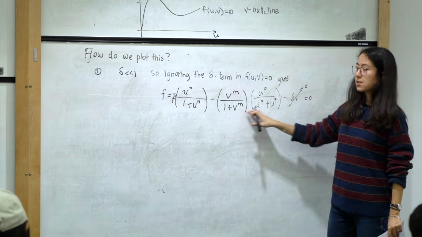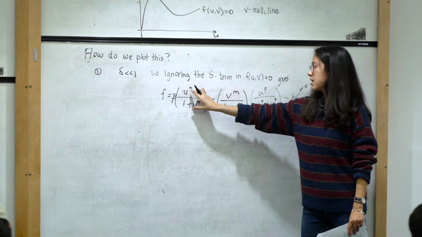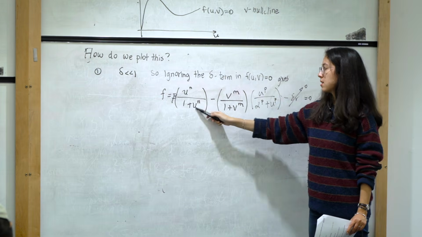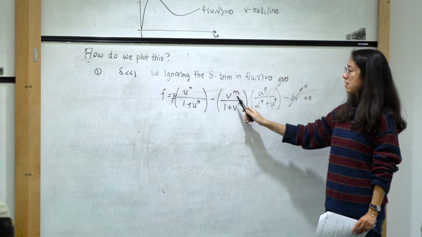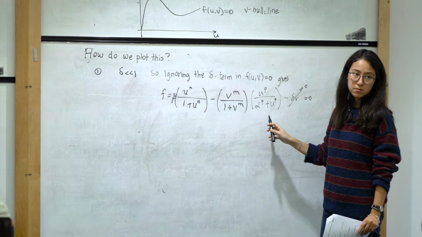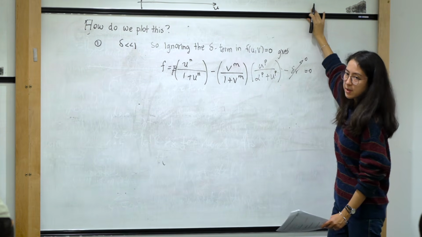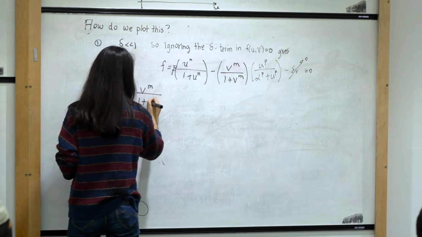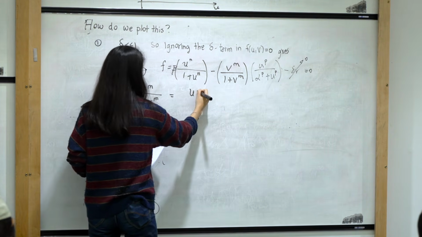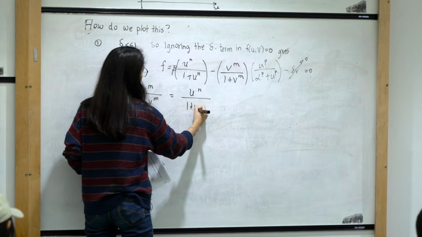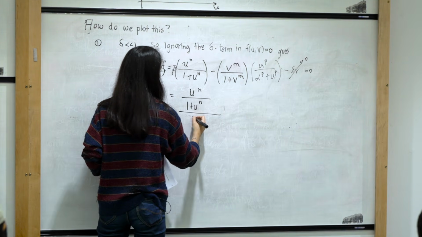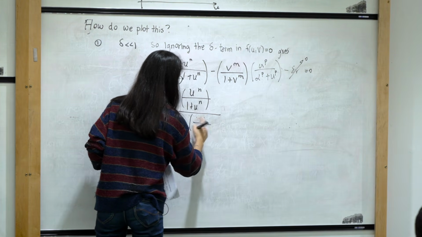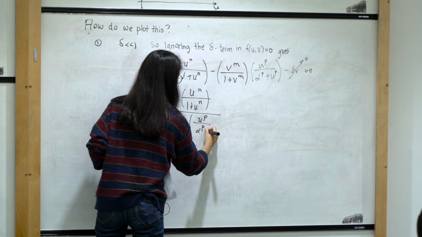So now that I have this equal to 0, I can rearrange it for v, and I will get something that is this divided by that. So it will just be v is equal to some function of u. Does that make sense? So I get basically v to the m over 1 plus v to the m is equal to u divided by u to the p, alpha to the p plus u to the p.